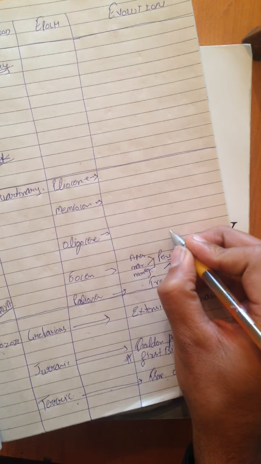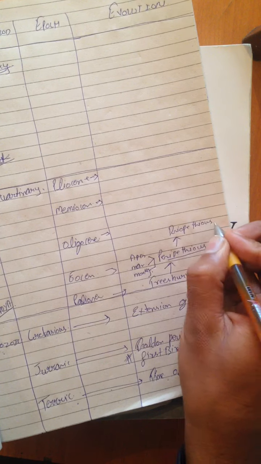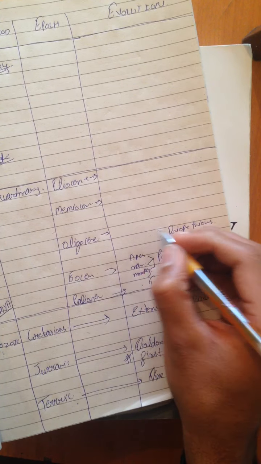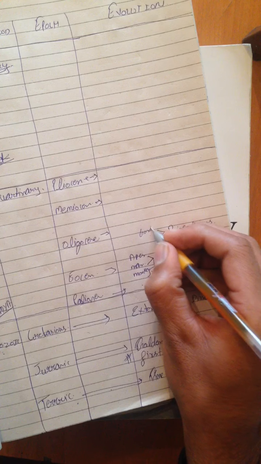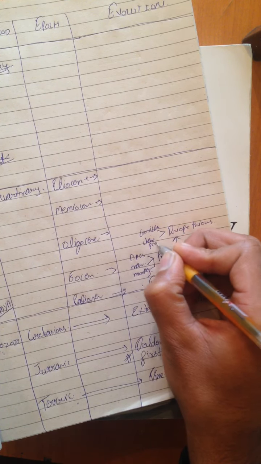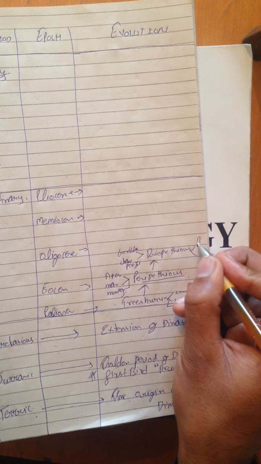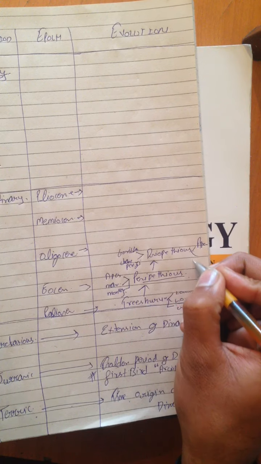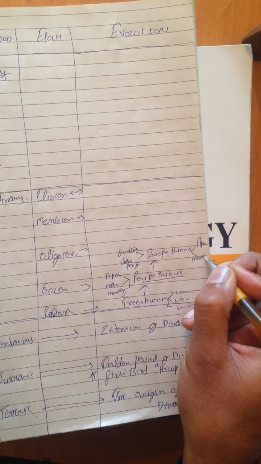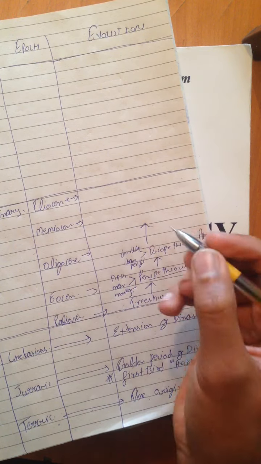Then Dryopithecus, example gorilla and chimpanzees. It is a common ancestor of apes and monkey. Then Australopithecus.